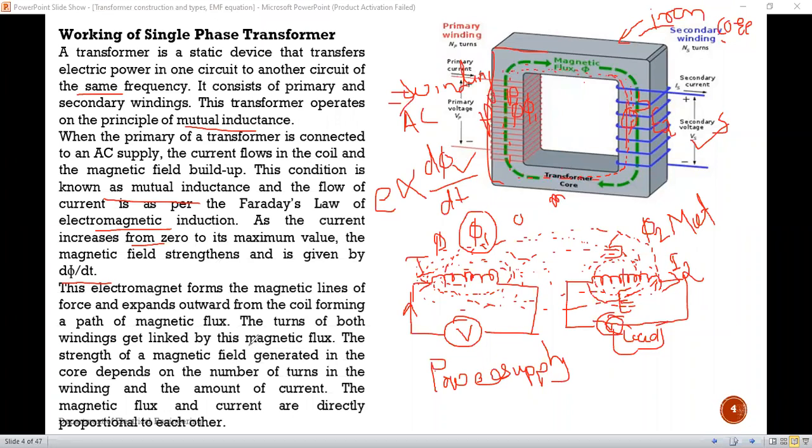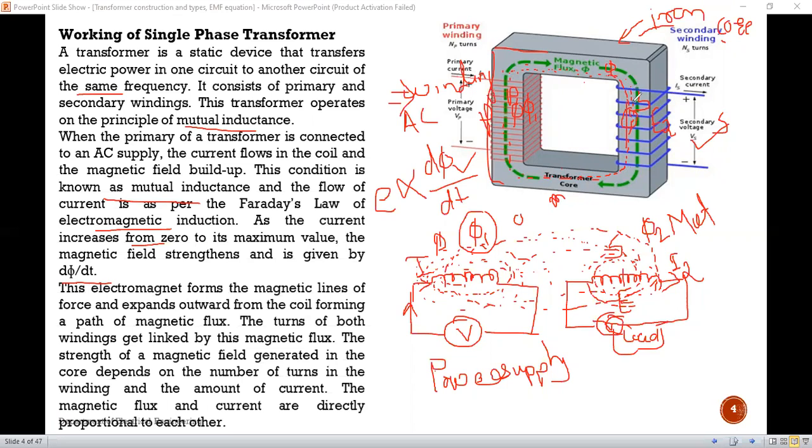Okay, now the turns of both windings get linked by this magnetic flux. So this flux phi will be flowing in this closed circuitry, in the magnetic core.